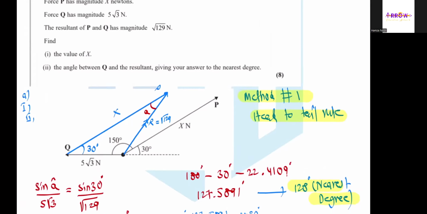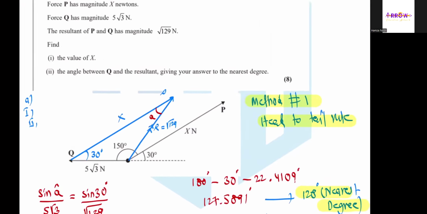Here I specifically picked up force P and kept it on the head of Q, and then according to the vector addition law, the third side of the triangle will be this R force, which is the resultant of these two forces. This is known as the head to tail rule.